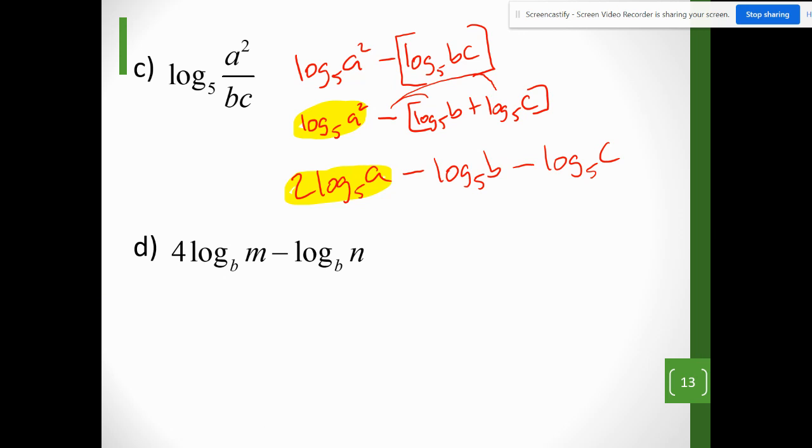So I'm just going to write this as log base b of m to the fourth minus log base b of n. I was looking at, do I have anything in front of the logs? I'm just going to bring it up as an exponent. Now I have a minus between two logs.